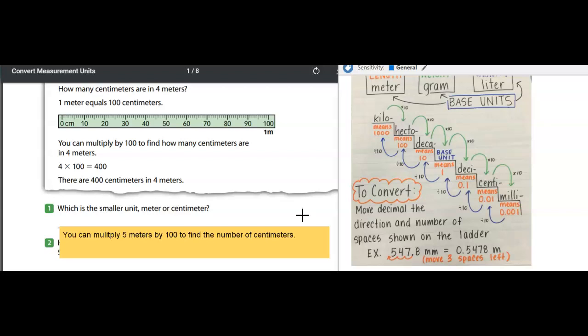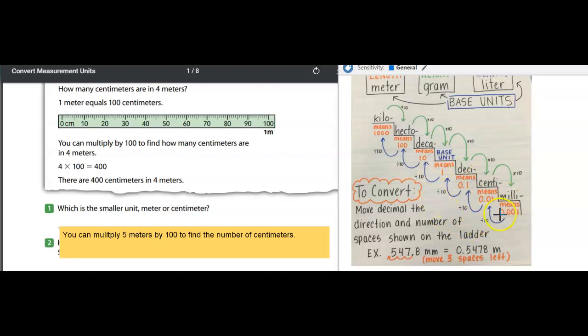So if you looked at the example, our example tells us that you can multiply by 100 to find how many centimeters are in any meter. So we have 5 meters. So we're going to multiply 5 meters by 100 to find the number of centimeters.